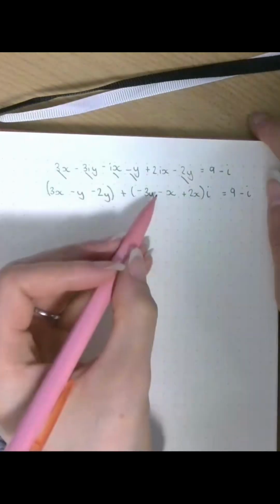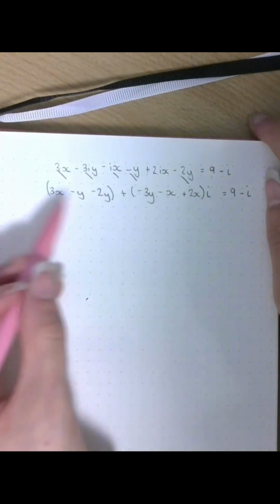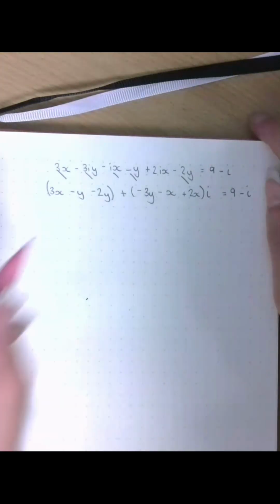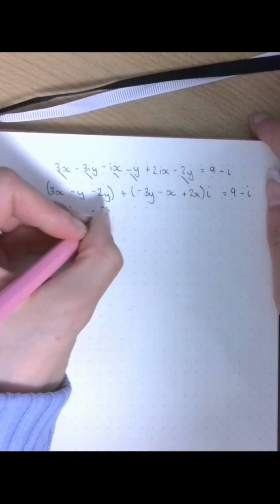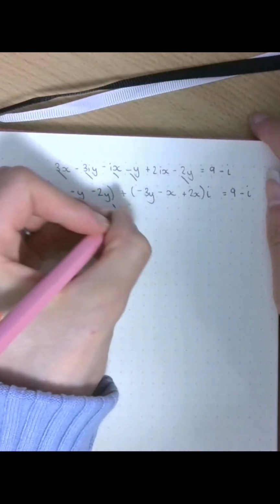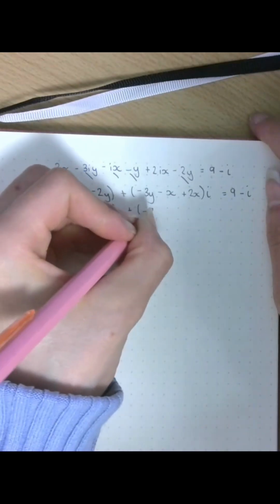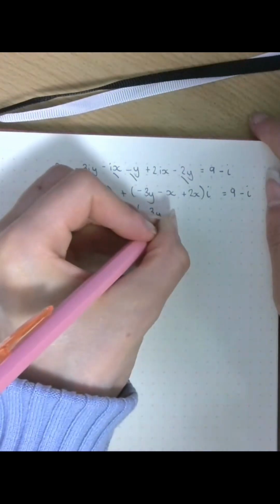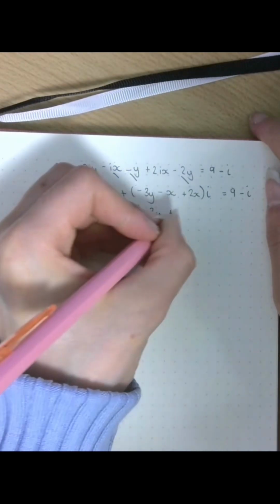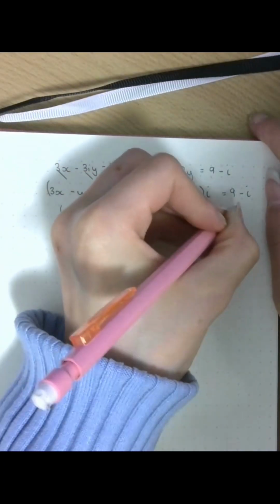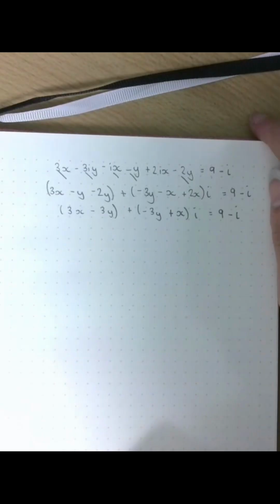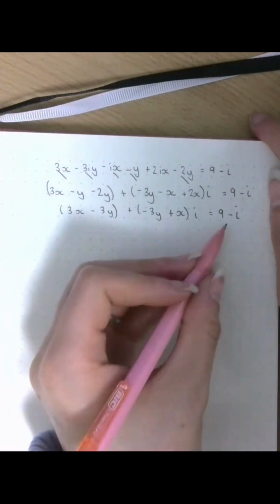So I've gathered my i's together, and I've gathered everything without an i together. So let's just clean that up. That'll be 3x minus 3y plus minus 3y plus an x plus an xi is equal to 9 take away i. So all the real parts I know will add to 9.